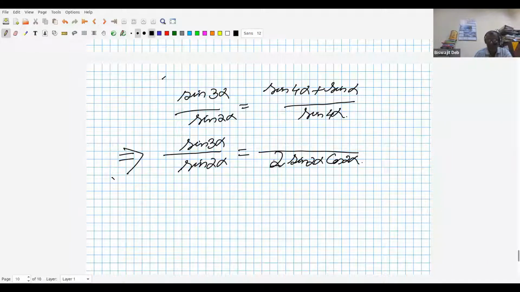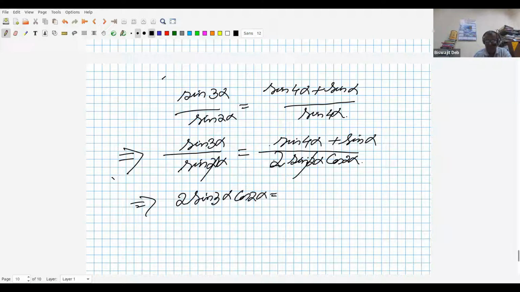So I'll be able to cancel this sine 2 alpha, and that gives you 2 sine 3 alpha cos 2 alpha is equal to sine 4 alpha sine alpha.